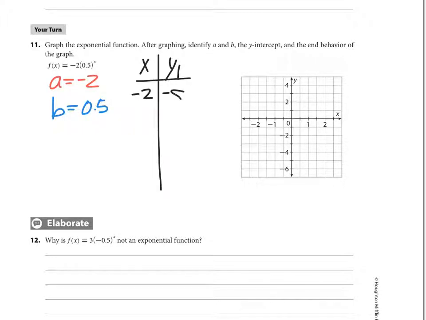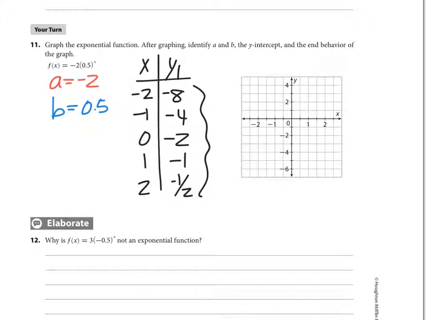So -2, -8, -1, -4, 0, -2, 1, -1, 2, -1/2. So actually these values increase, but they increase because of the negative. So if you think about this, that's going to make them decrease, but when you flip it over the x-axis, it's actually going to reverse the behavior.